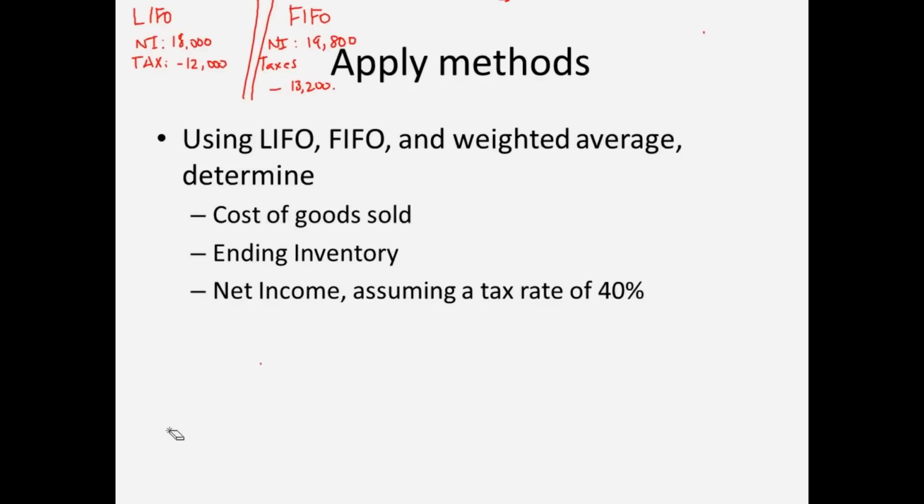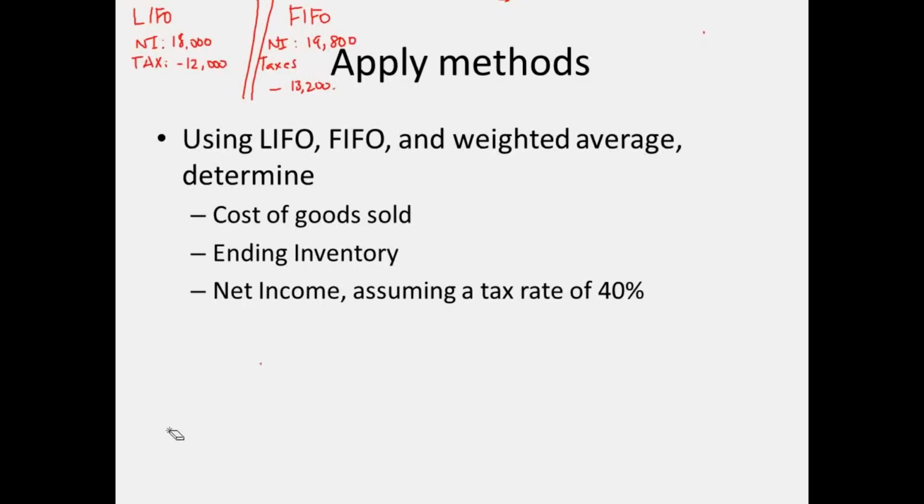In some sense, you've made a case for why LIFO isn't so great. LIFO relies on the fact that prices are increasing. If it's not a sure thing that prices will always be increasing, then LIFO doesn't always help you. It doesn't always lead to lower income and also lower taxes.